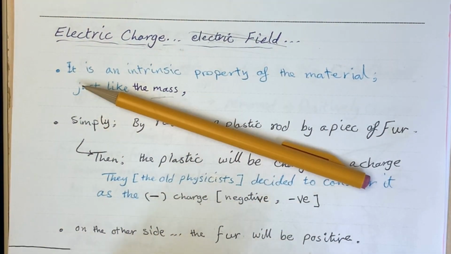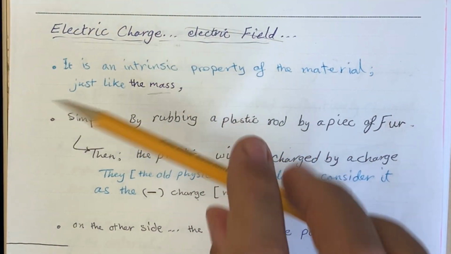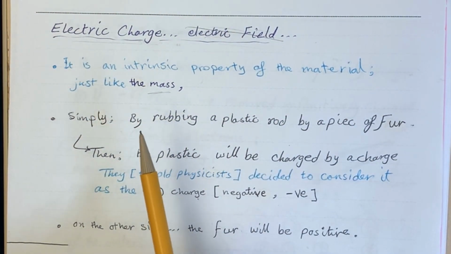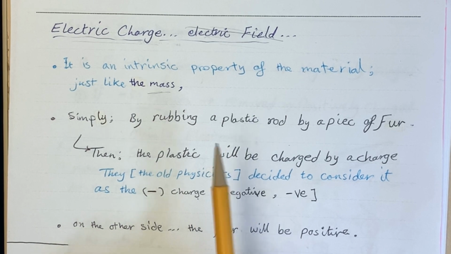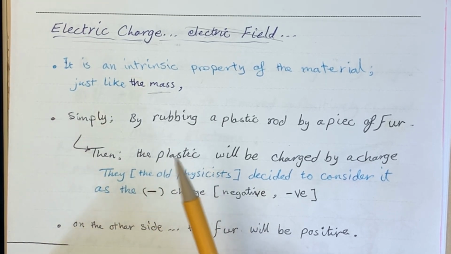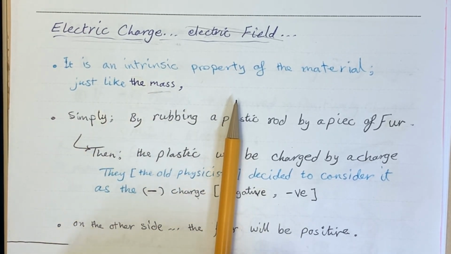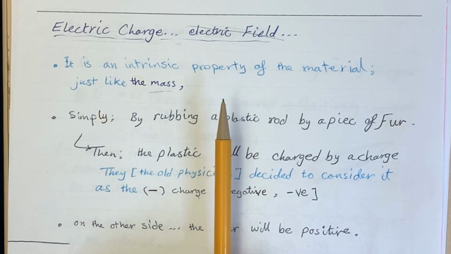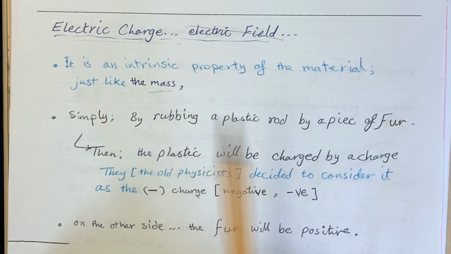Every material has a mass, and this mass is big or small. This quantity is related to the electrical situation of that material. Maybe some materials are neutral, there are no charges on them. Maybe some of them are positively or negatively charged.